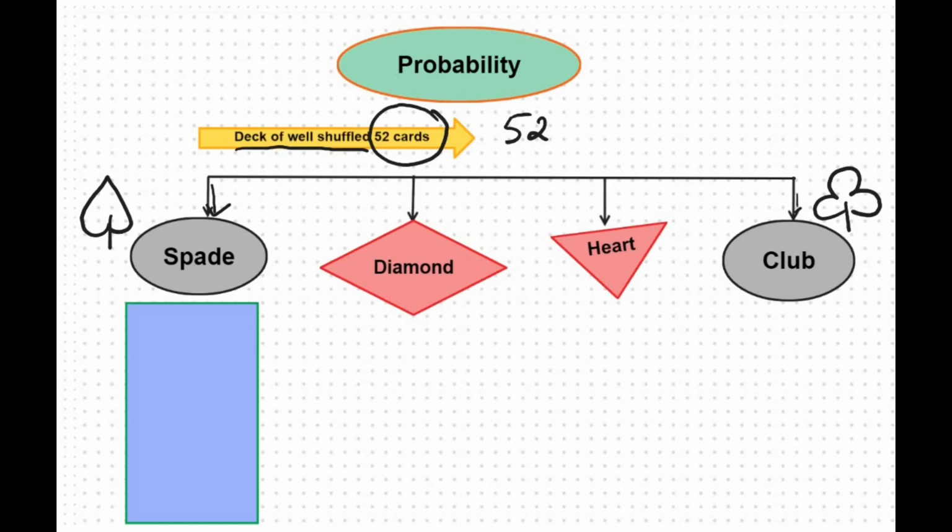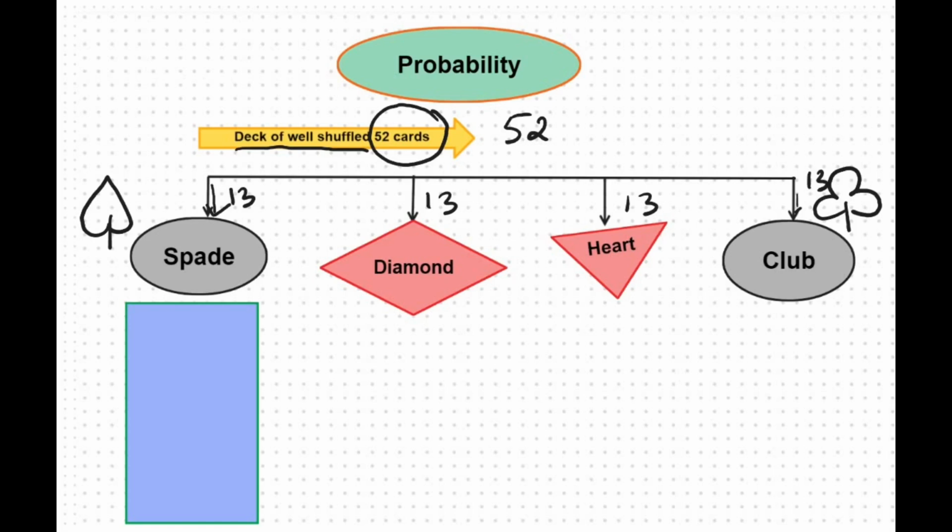Under each kind there will be 13 cards, meaning there are 13 spades, 13 diamonds, 13 hearts and 13 clubs. We just have to remember that the spade and club appear in black color, diamond and heart appear in red color, with each kind having 13 cards.